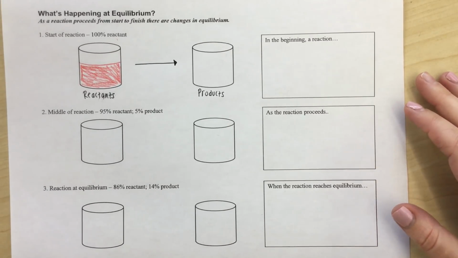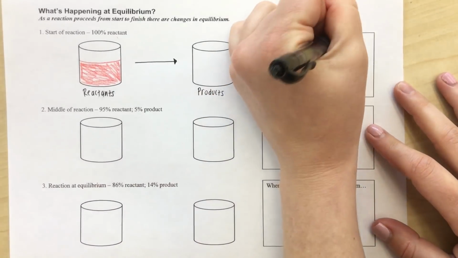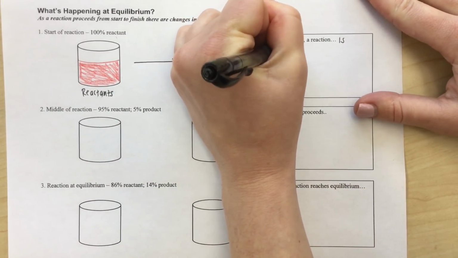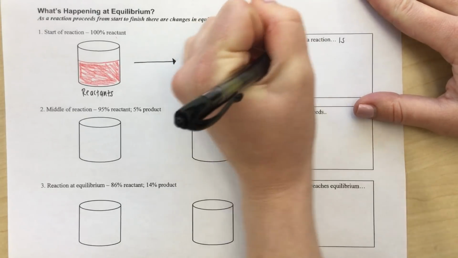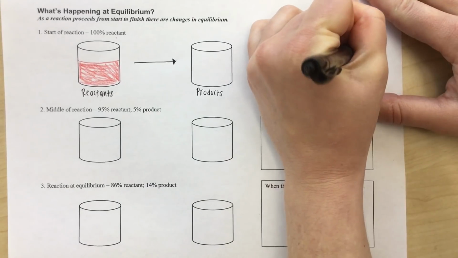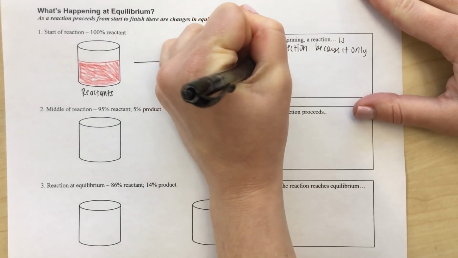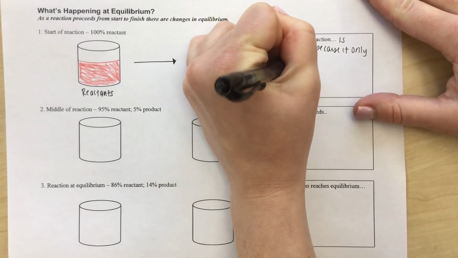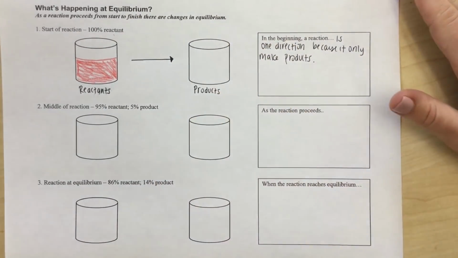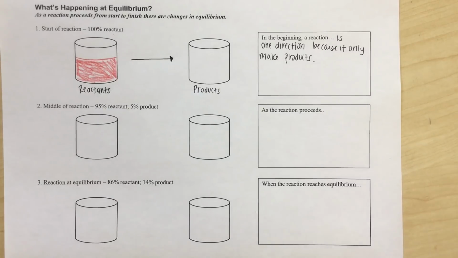So in the beginning, a reaction is one direction. Because it only makes products. And this is because there are no products to go in the reverse direction.